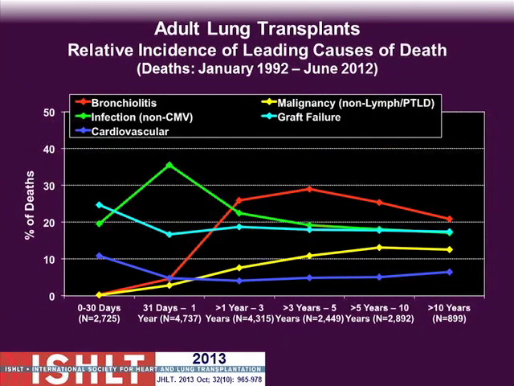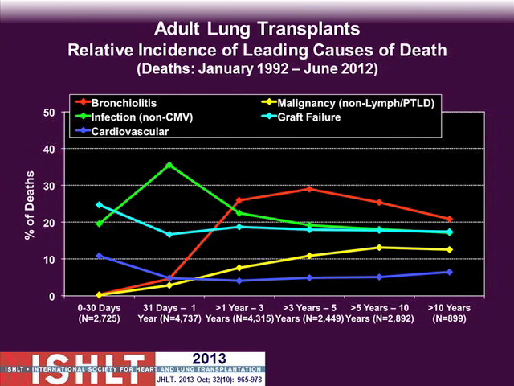What do these patients die from? The number one cause of death in lung transplant recipients after the first year is bronchiolitis obliterans syndrome, which is equivalent to what the layman would call chronic rejection. It's now being retermed chronic lung allograft dysfunction, but this is still undergoing a revision in terms of the definition.